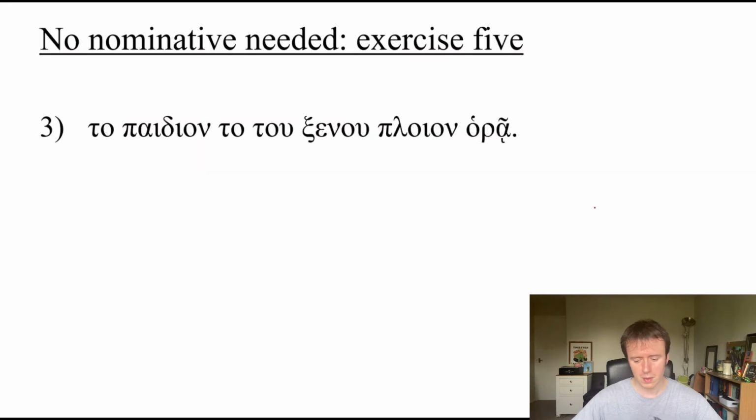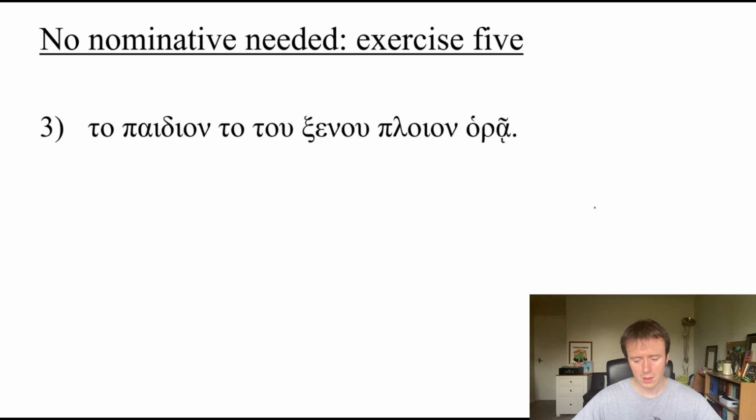Now I did say that there's an alternative way of translating this sentence. And we can see this alternative way of translating the sentence by realising that the second to could be taken as a repeated definite article. I said just before now that there is no repeated definite article. Now that's on one reading, okay?